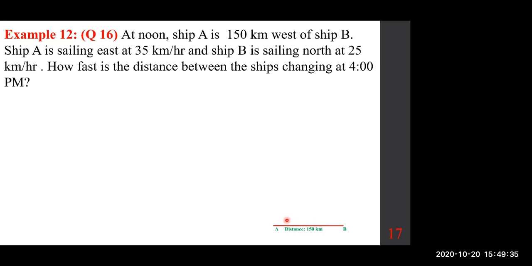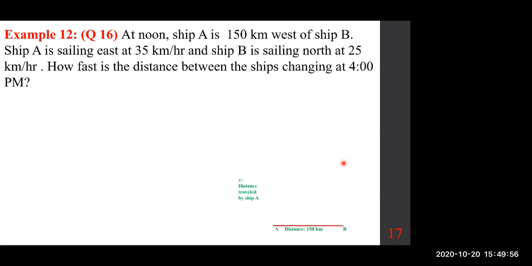So A is going this way at 35 kilometers per hour. And B is going up north at 25 kilometers per hour.